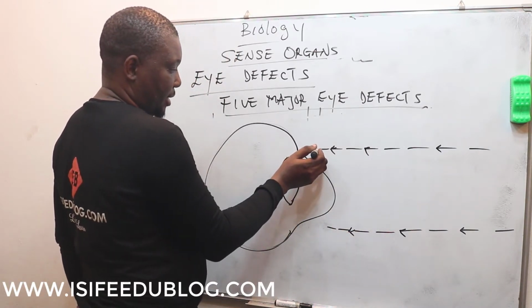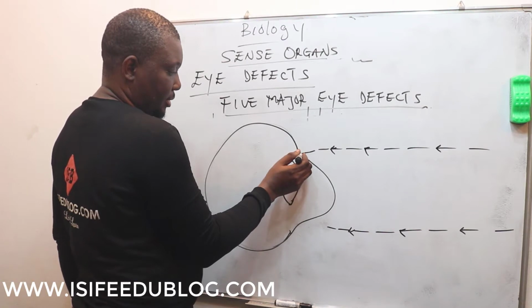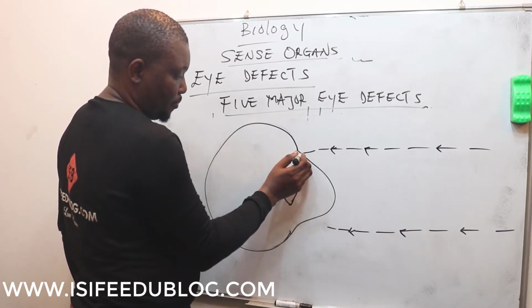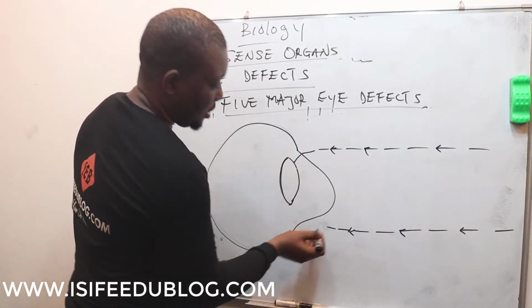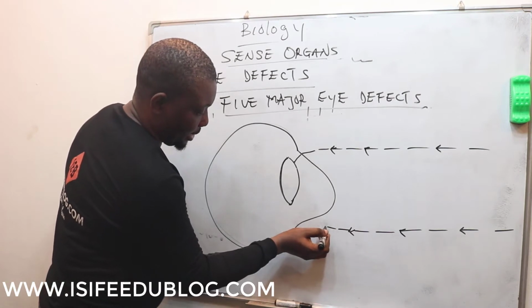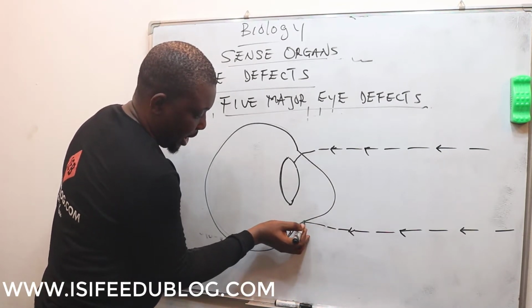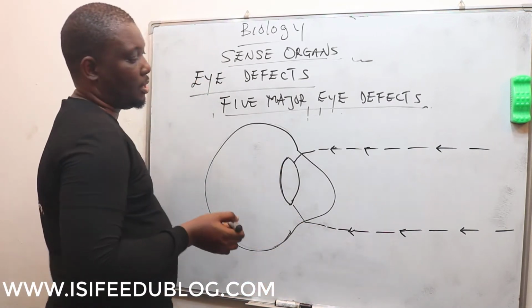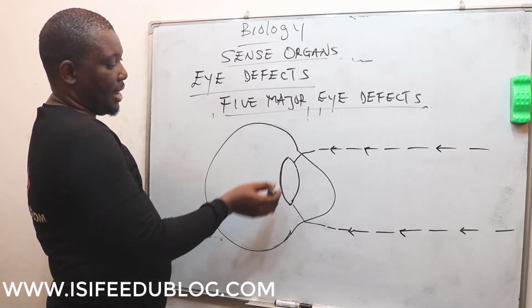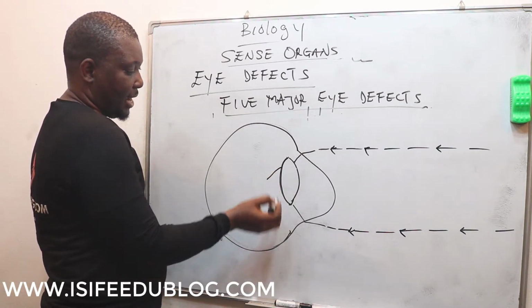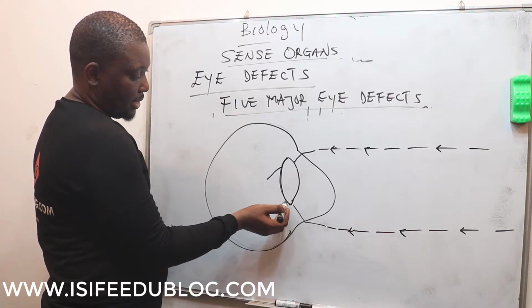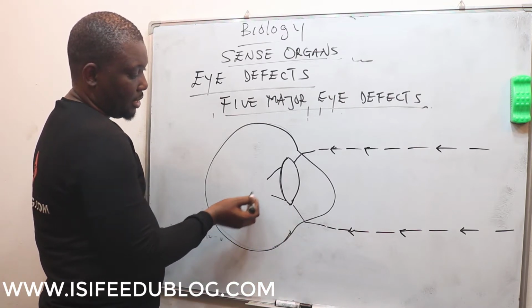As it strikes here, this particular cornea bends light. This one strikes here, this part bends light. Then the lens also bends light, and this light coming from this direction is also bent.